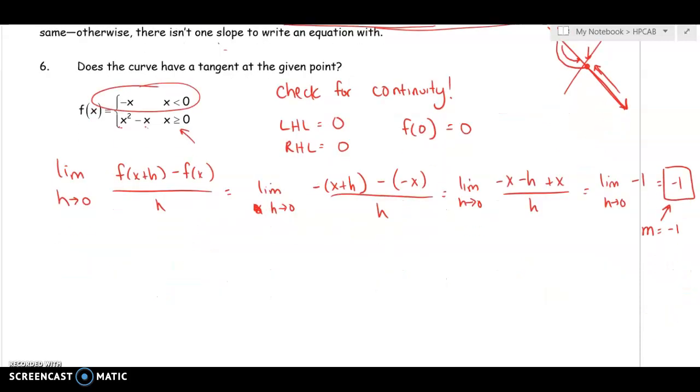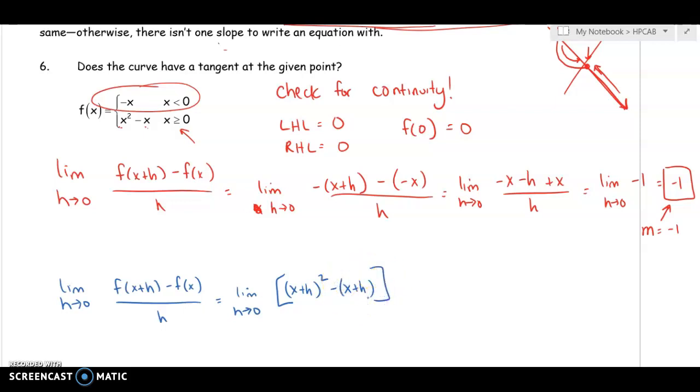Now we have to do the same thing and find the slope from the right side. So we're going to do the limit as h approaches 0 of this. So f of x plus h minus f of x all over h. So we're going to do the limit as h approaches 0 of x plus h quantity squared minus x plus h, minus f of x, so this x squared minus x, all over h, and we're going to have to do some multiplying.